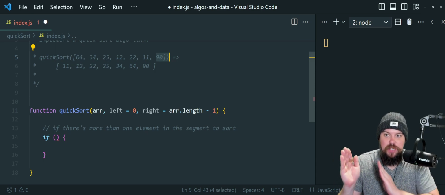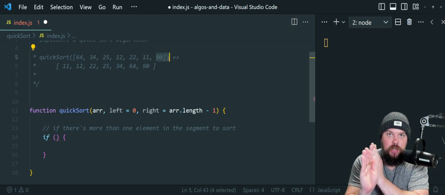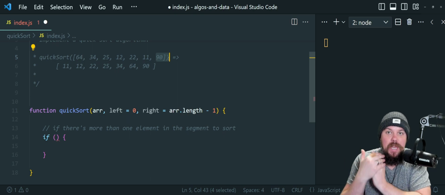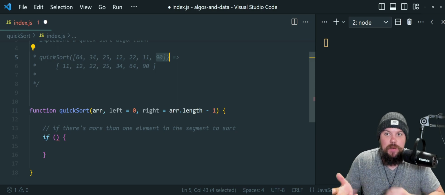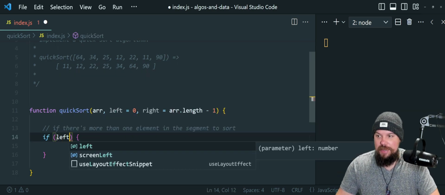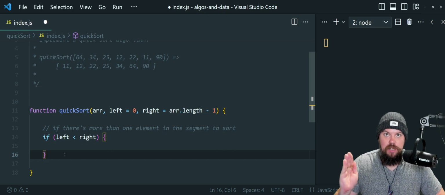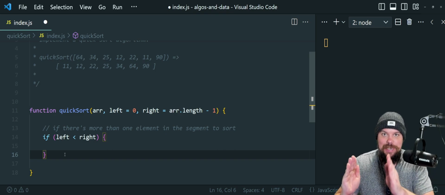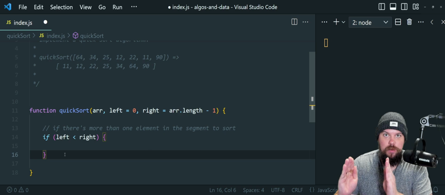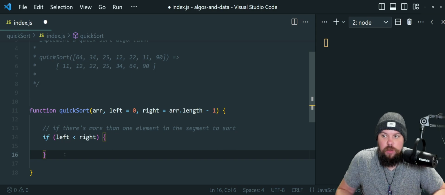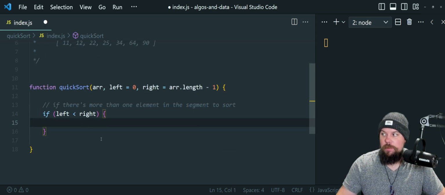So the left and right boundaries would be the same value, array length minus 1, which means there's no reason to pivot and sort anything because this is theoretically sorted. So long as left is less than right, meaning the left-hand index or boundary of our subsection is less than the right-hand index of our boundary of this subsection. But once they meet, that means we're out of things, or we have one thing left, which means there's nothing to sort because it's theoretically an already sorted position.